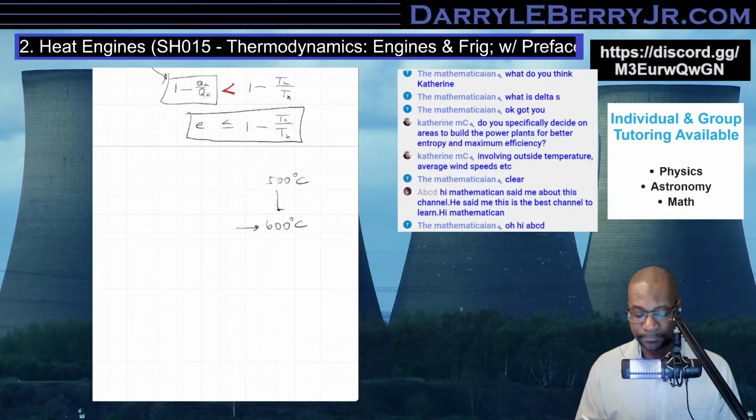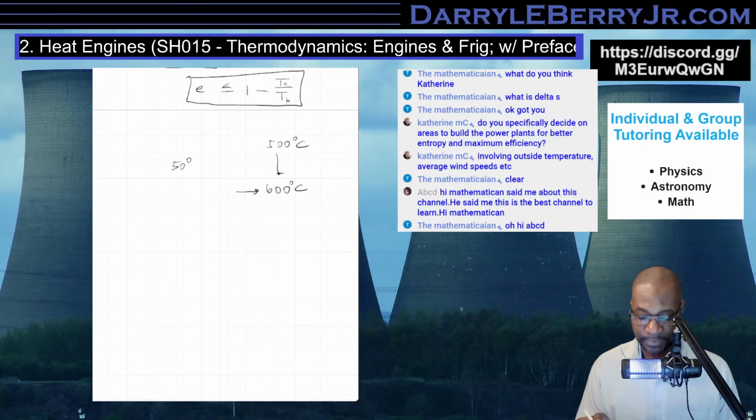So if you're looking at a temperature that's 100 degrees outside, I can't really say it's going to be a big difference from 50 degrees.